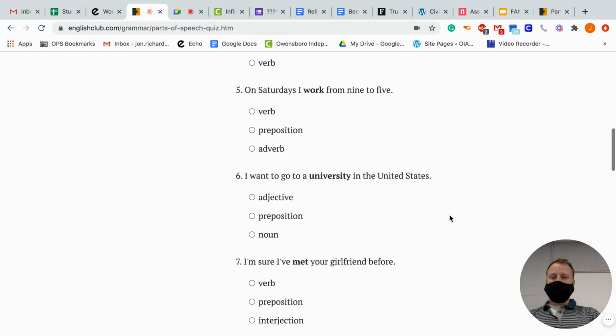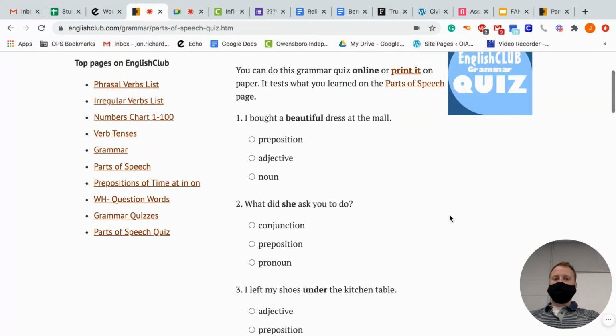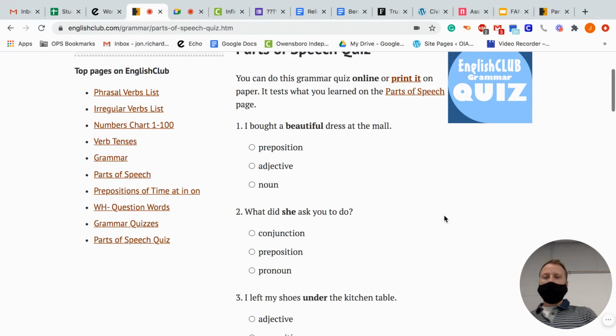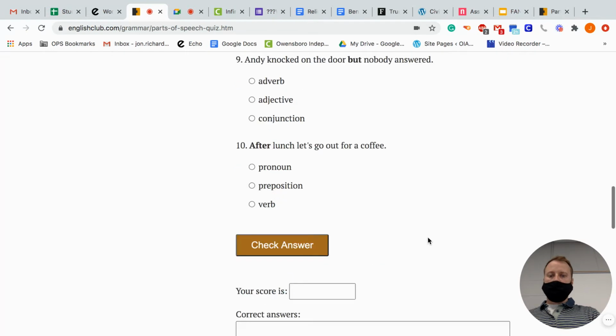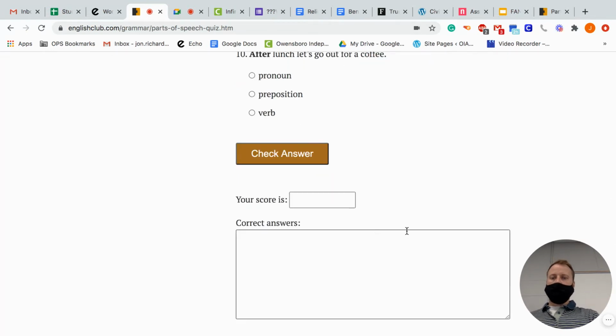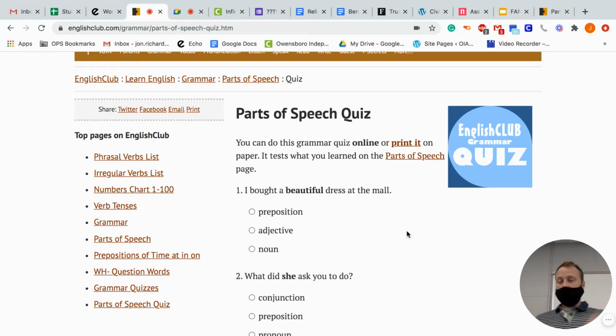So it's going to give you 10 questions. I don't think it gives us the same questions. So everybody in here should be clicking on that and trying to figure out what they are. And at the bottom, you can check your answers and it'll tell you if you're right or wrong. Okay? So take, let's say, 3 minutes.